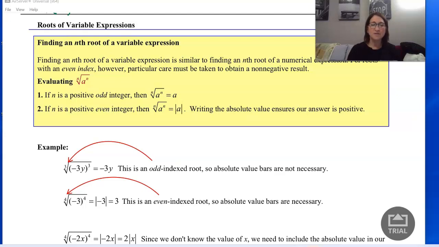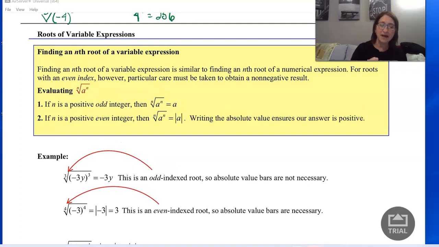So if I'm evaluating the nth root of a to the n power, then if n is odd, my root has to be equal to that base.